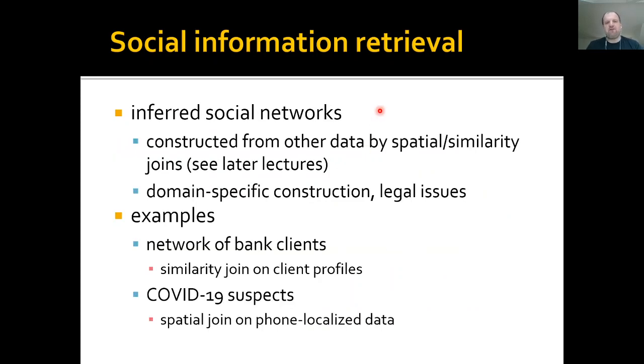We can also have inferred social networks, as I mentioned, that are not explicitly defined by the end users, but are constructed from other third-party data, and technically this is done by some database operators like spatial or similarity join. We'll talk about joins in a later lecture, and this is obviously constructed for some domain-specific purpose, because we need to reconstruct some underlying social network out of other data.